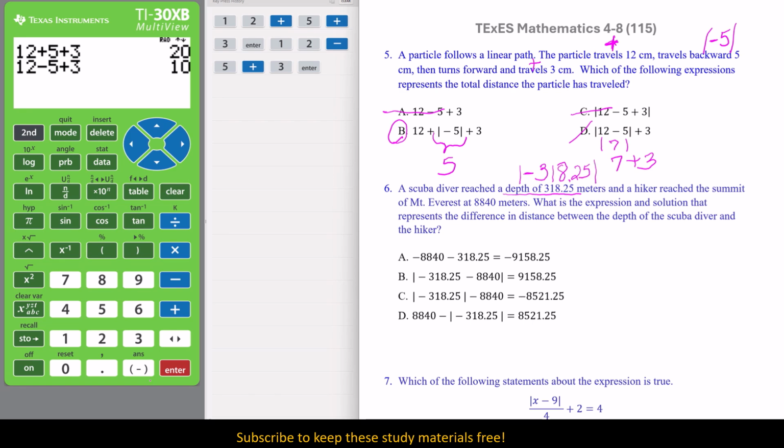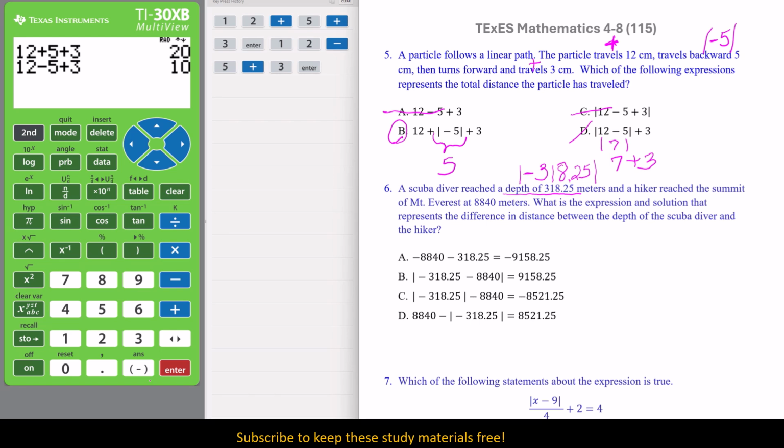Okay, I agree with that. However, what are we really talking about here? And a hiker reaches the summit of Mount Everest at 8,840 meters. Okay, that's a plus. He's going up, whereas the diver goes down.